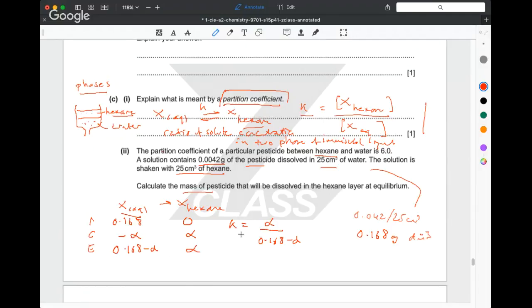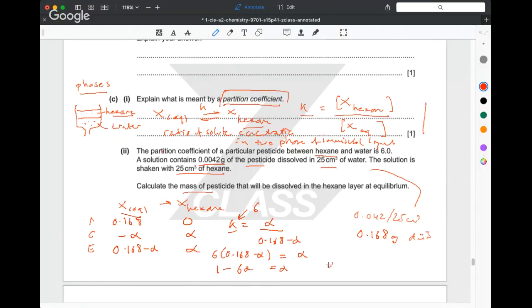The partition coefficient, we know that K is equal to 6, don't we? So you can rearrange that equation so that you've got 6 times (0.168 minus alpha) equals alpha. I've just multiplied up. And then if you multiply that through, you end up with 1 minus 6 alpha equals alpha.